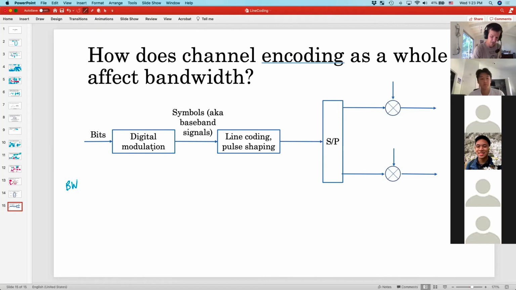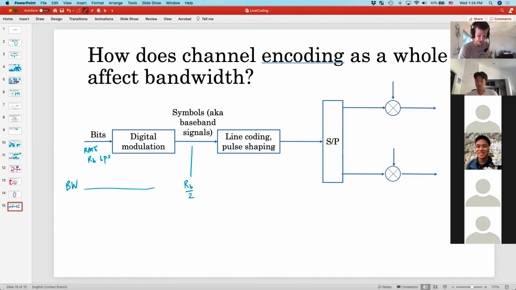So if we've got our bits at a rate RB bits per second, then the idea is that you can mount 2 bits to your highest frequency component. So then the bandwidth of this signal is going to be RB over 2. Okay, so here we're just going to track the bandwidths as we go along.